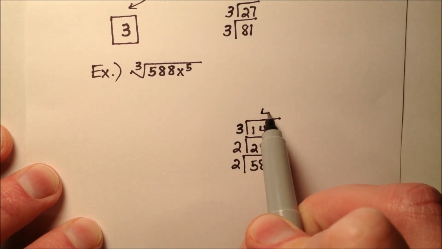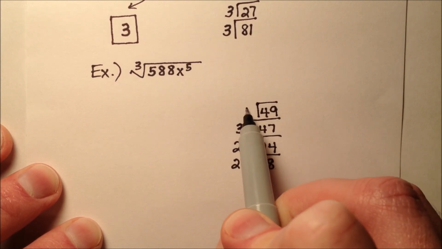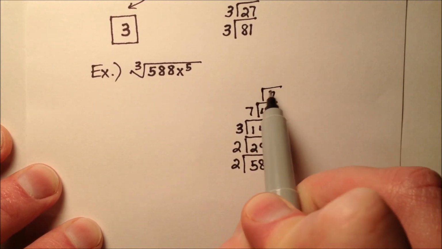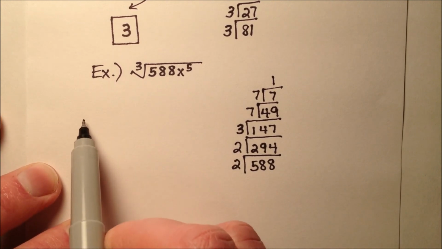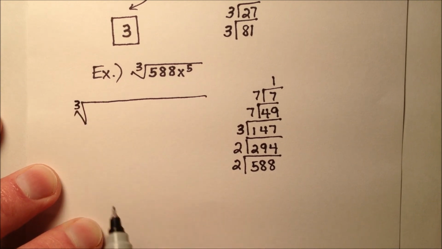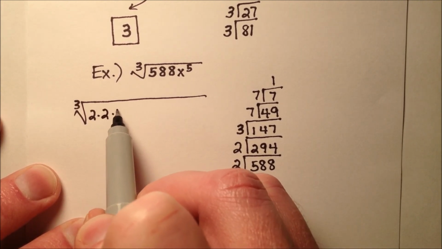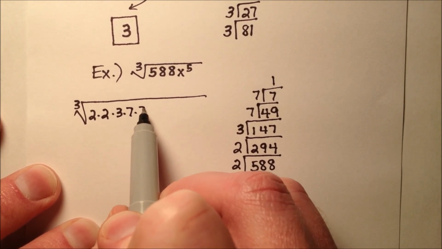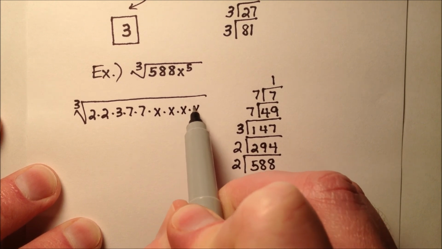And what do I get when I do that? I get 49. Hey, well 49 is a good number because I know 7 will go into 49 twice. So let me rewrite this whole thing, and this is going to be a big one. This is the cubed root, and I have 2 times 2 times 3 times 7 times 7, and I have 5 x's.